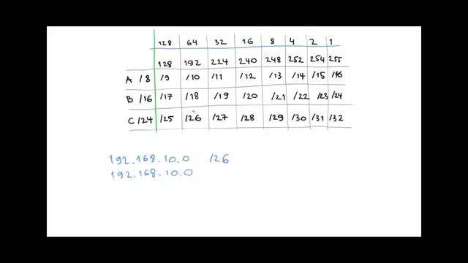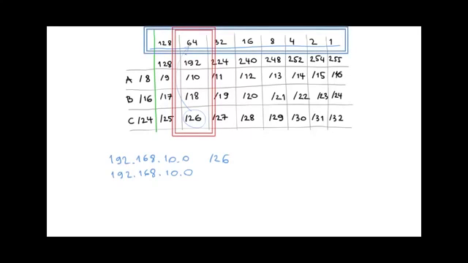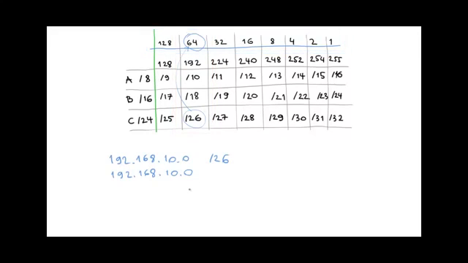Okay, let's look at the table. We have /26 here. Now we're looking up at the top row. 64. Number 64 tells us that the next subnet will start at 192.168.10.64.